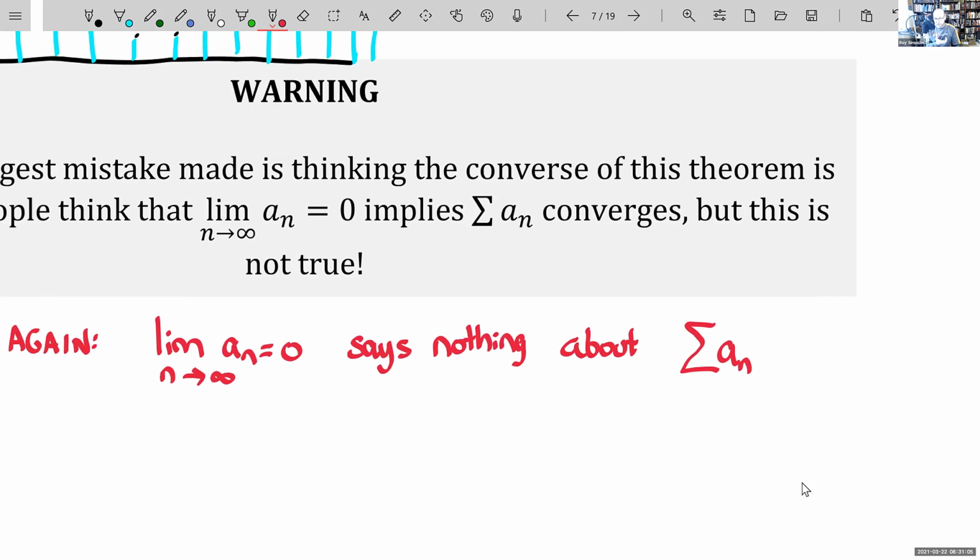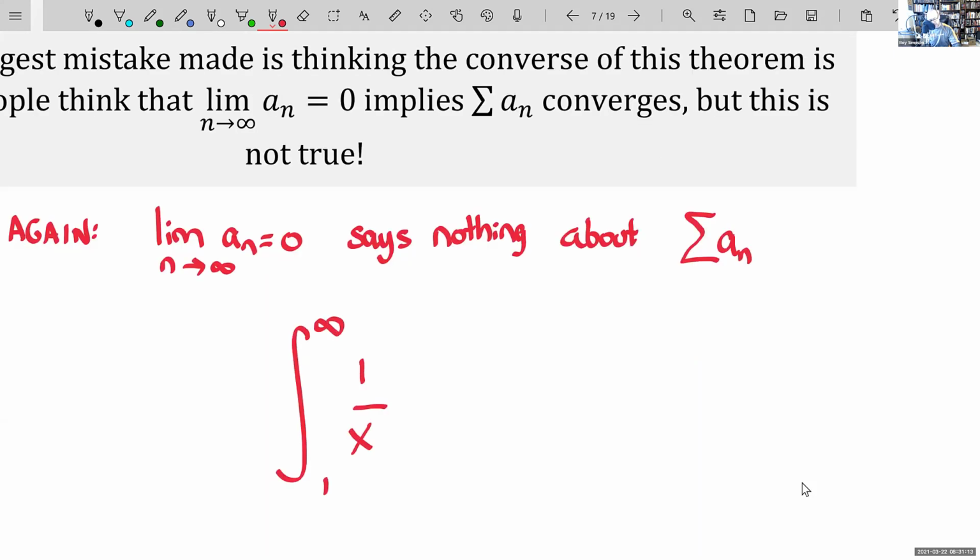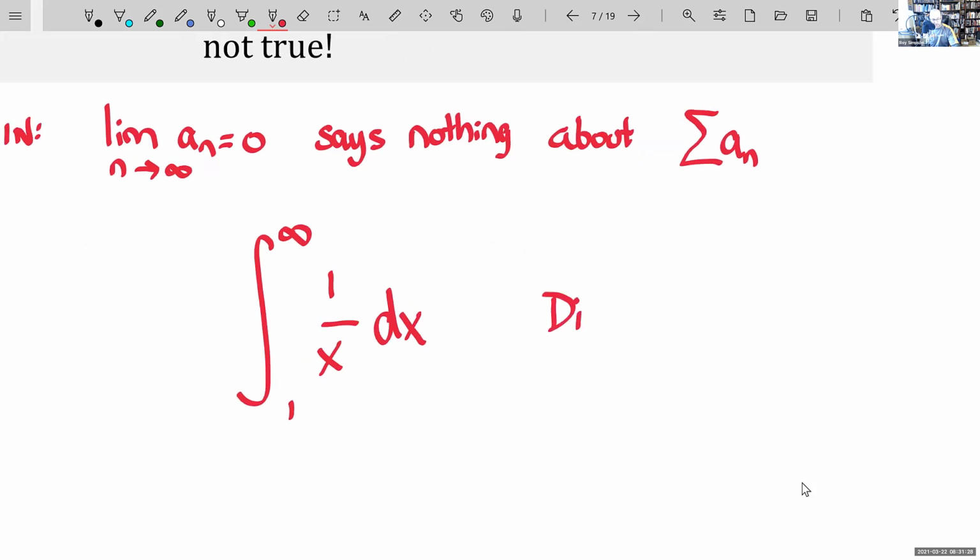And we actually saw an example like this in 7.8 when we took the integral from 1 to infinity of 1 over x dx. I hope you would agree that this function tends to 0 as x goes to infinity. Totally does. However, the area underneath this curve diverges. And that's by the power test.